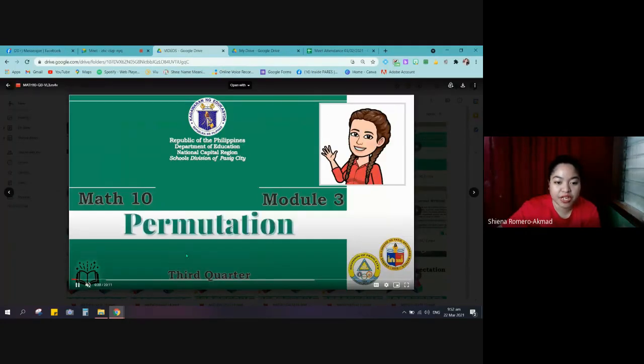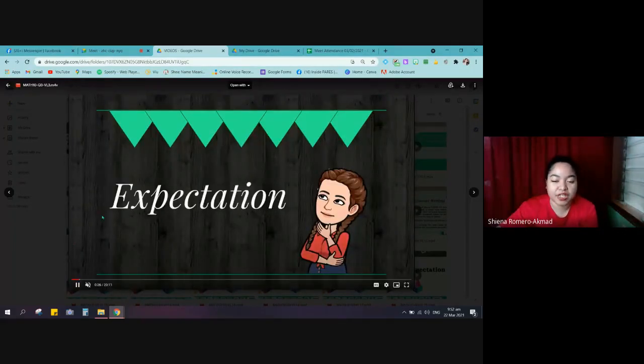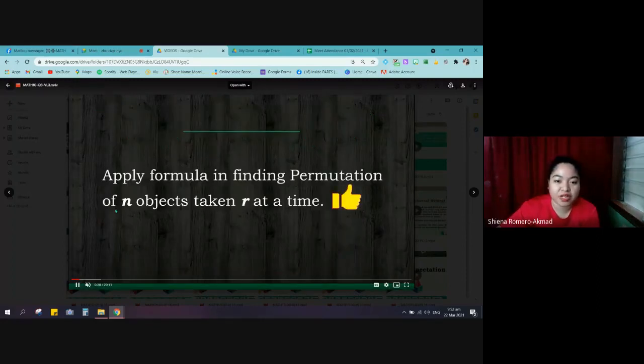So for module number 3, we'll have permutation formula. Of course, our expectation here is for you to apply the formula in finding permutation of n objects taken r at a time.